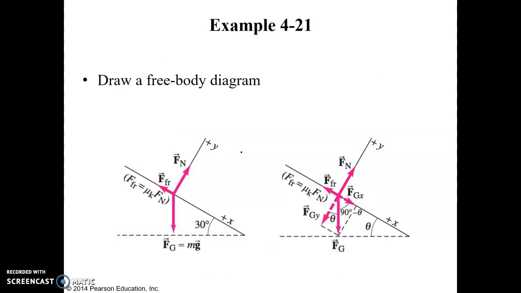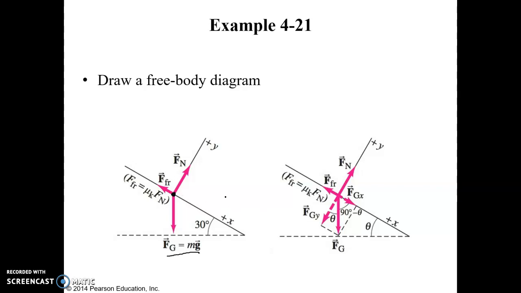So, like all problems involving a system of forces, we want to draw a free body diagram. So we'll just represent the skier with a single point, and we have the force of gravity, mg, going straight down. The force of friction is going to be in the opposite direction as the motion of the skier, and the normal force is perpendicular to the slope.